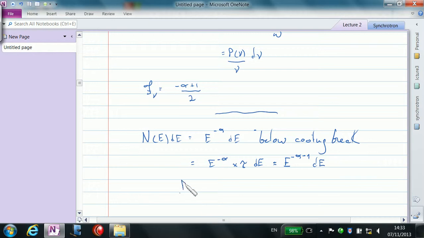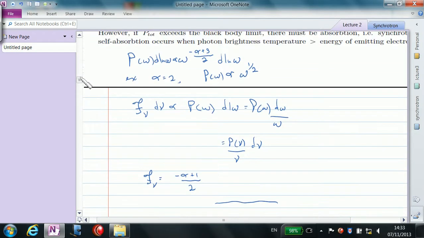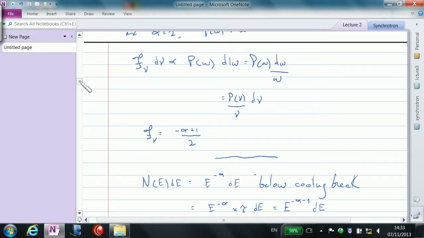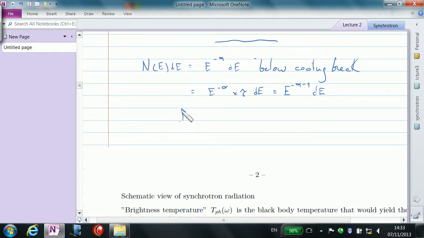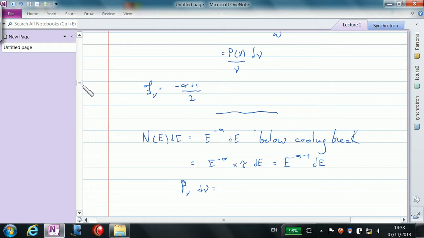And then P of nu, well, let's make it P of nu d nu is then equal to what?